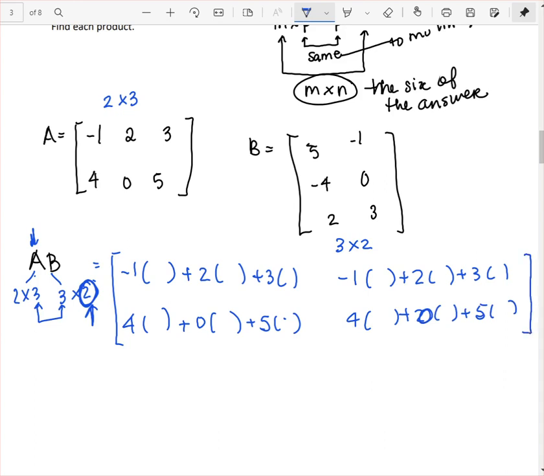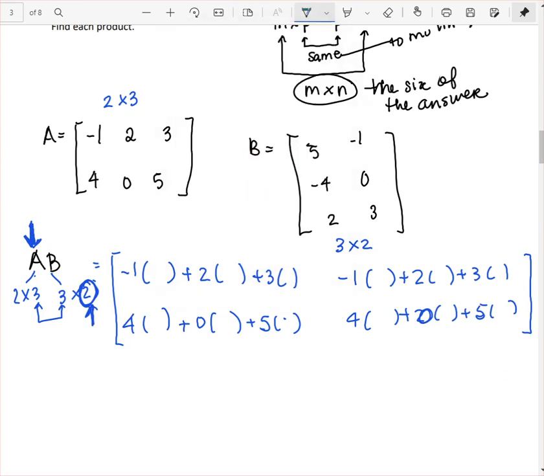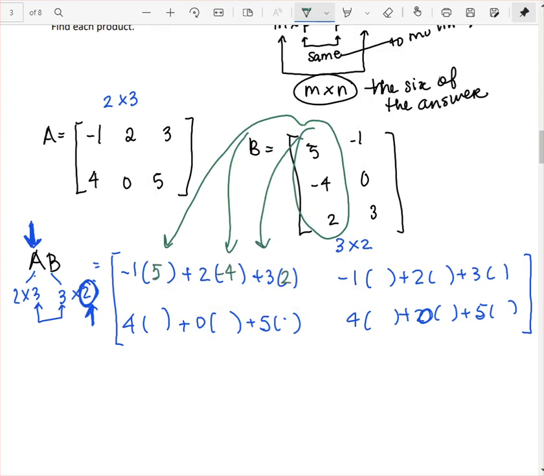So what I did was I grabbed the first matrix, letter A, and I put the matrix with parentheses next to each number. The last number is a 2, so that's why I did it twice. Okay, now that I've done that, I'm going to go to the other matrix and grab the columns, and the columns are going to go here. So the first column, I'm going to put 5, -4, and 2, and then I'm going to put it down here.